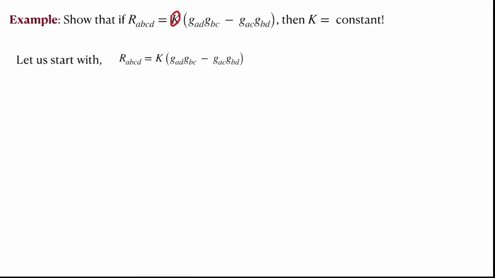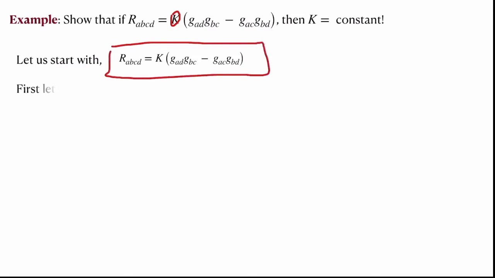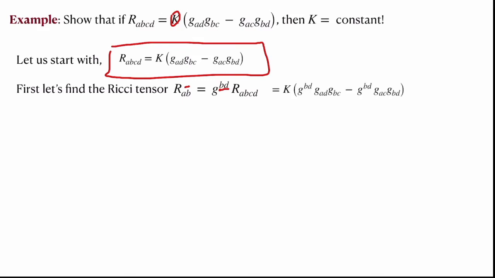First, let's start with the expression for the Riemann tensor given in terms of the metric tensor. Now, the next step is to calculate the Ricci tensor. We calculate the Ricci tensor by contracting the Riemann tensor, that is multiplying by g^BD with upper indices. Since all are written in terms of the metric, it can be easily simplified.